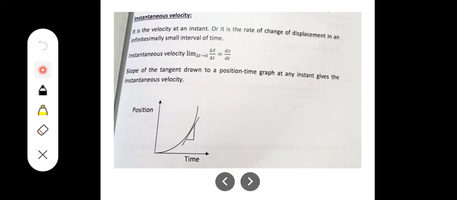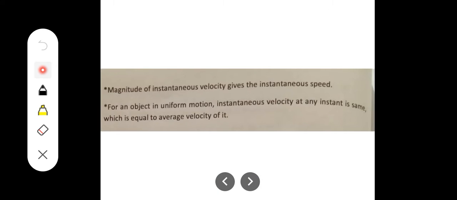So in the last video, we were discussing instantaneous velocity, how to get instantaneous velocity from the position-time graph. Two more points you have to remember in this part: the magnitude of instantaneous velocity gives the instantaneous speed.